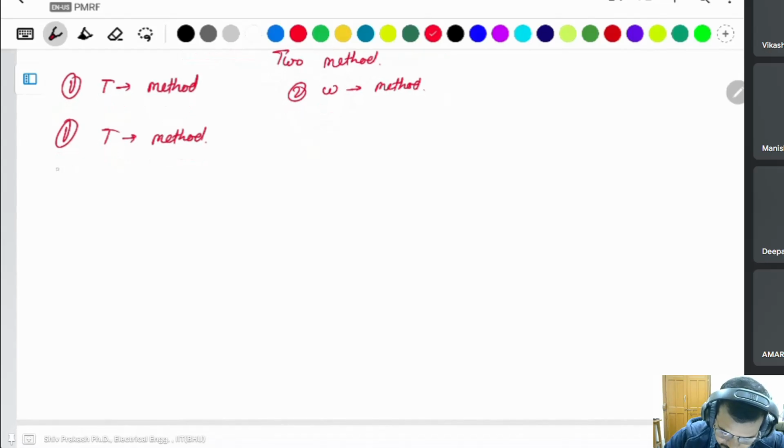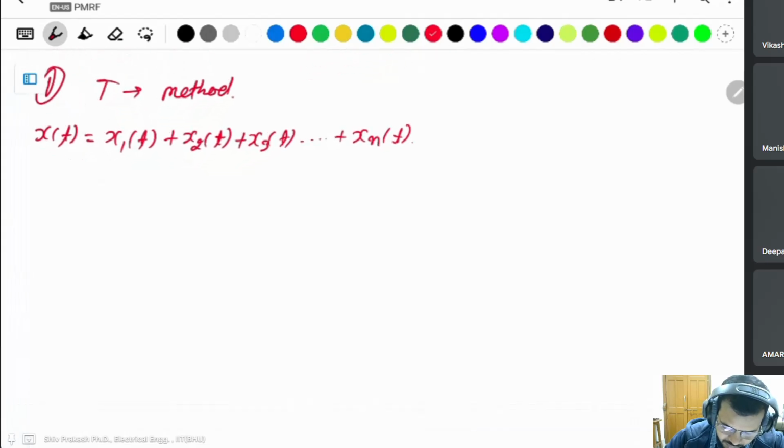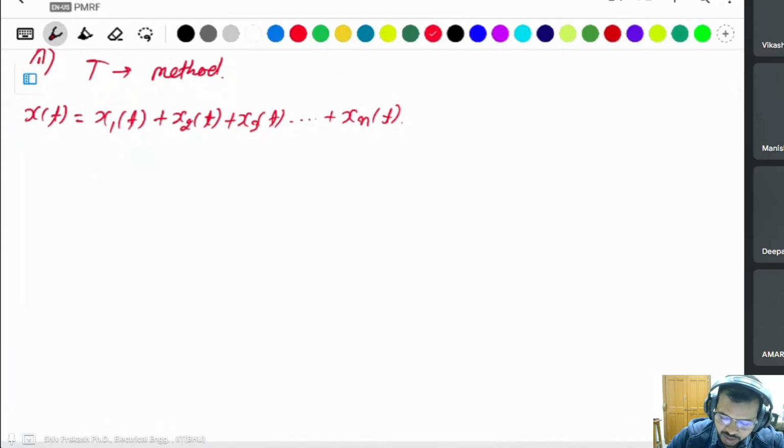Suppose you have a signal in the form of different frequencies: x1(t) plus x2(t) plus x3(t) dot dot plus xn(t). This signal has different time periods: x1(t) has a T1 time period, x2(t) has a T2 time period, x3 has a T3 time period, and likewise xn has a Tn time period.